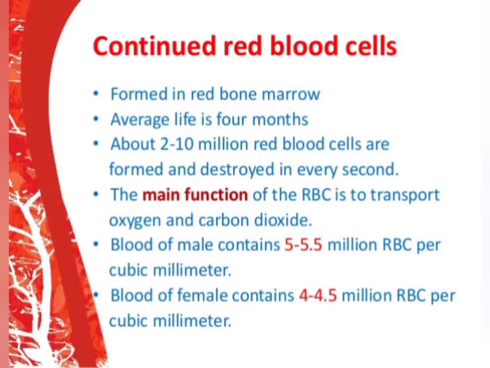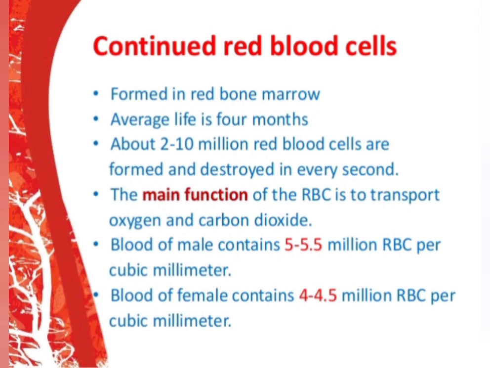That means after 120 days these red blood cells get destroyed. In our body, 2 to 10 million red blood cells are formed and destroyed every second. So the processes of formation and destruction of red blood cells take place very rapidly.